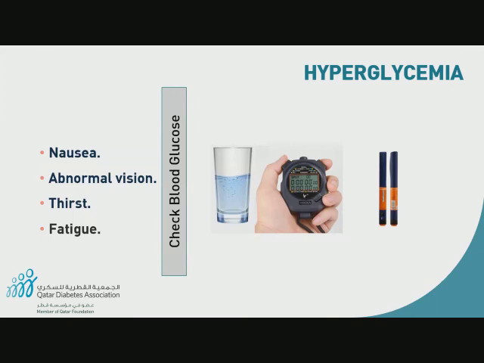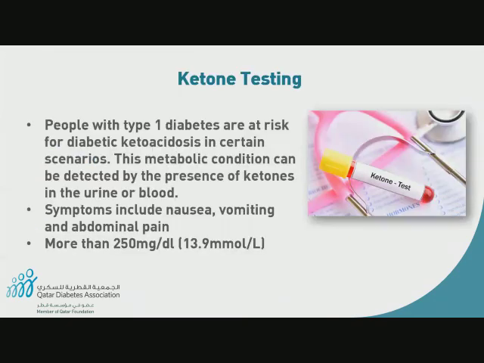Also for people with type 1 diabetes, if it's higher than 250 milligrams per deciliter or higher than 13.9 millimoles per liter, they need to do a ketone test, because they are more likely to develop ketoacidosis, which is a very serious medical condition and needs special care.